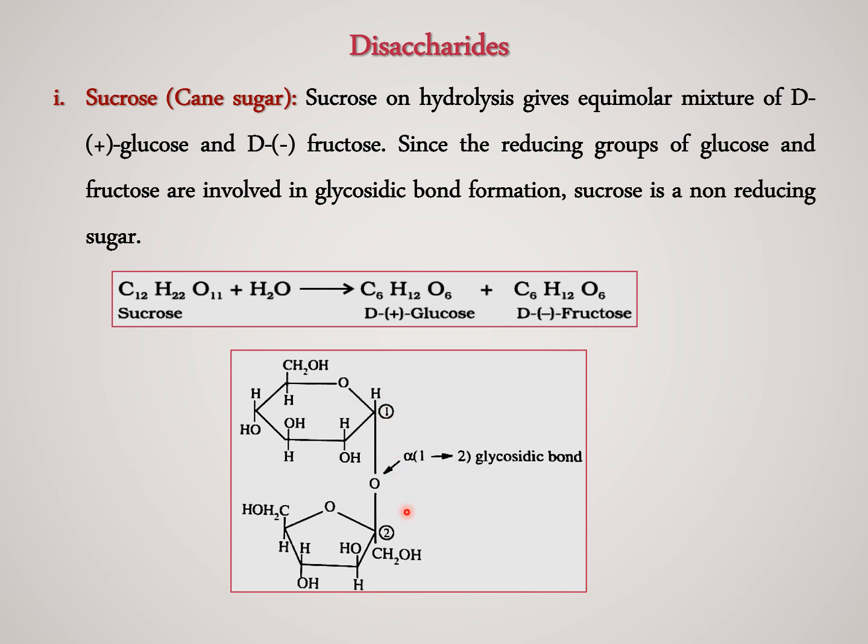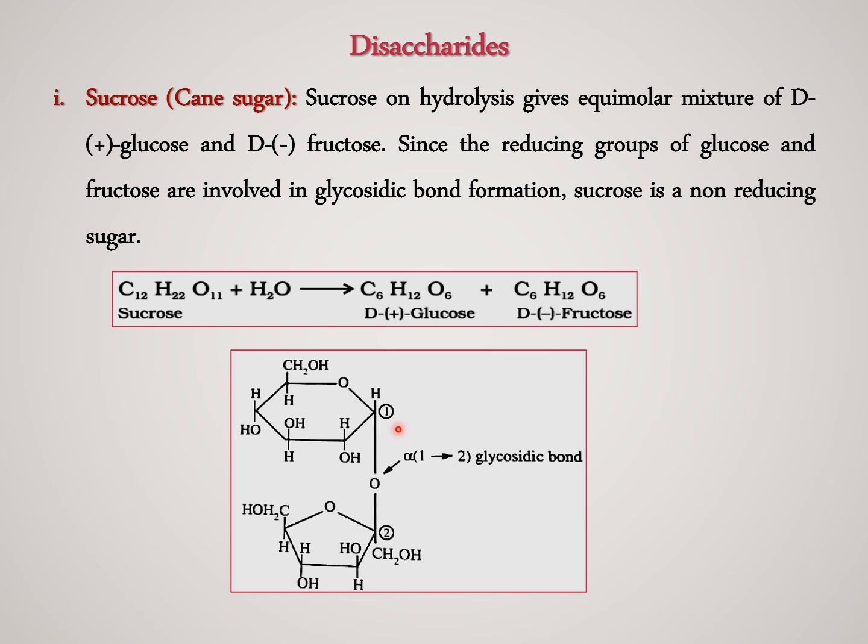As we observe, in the case of sucrose, carbon 1 of glucose does not have a free aldehyde group, and carbon 2 of fructose does not have a free ketone group. Therefore, they are not able to react with Tollens reagent or Fehling's solution.